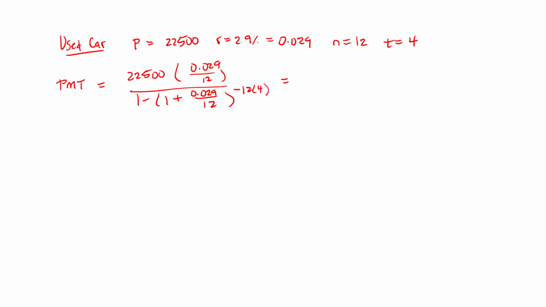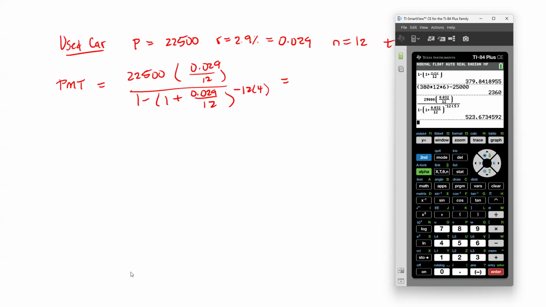So then we're going to grab our calculator. 22,500 times 0.029 divided by 12.